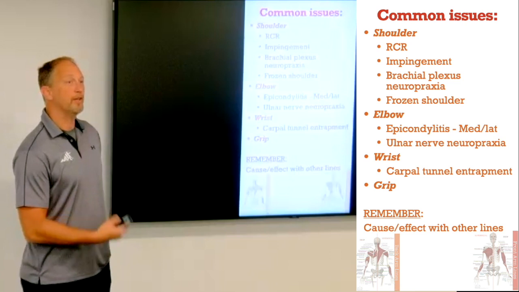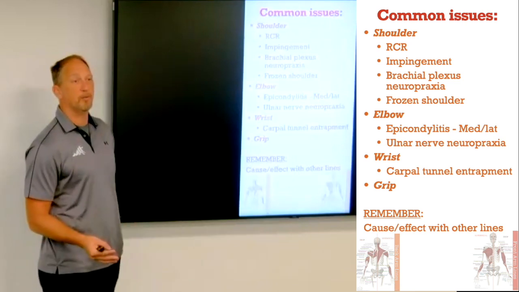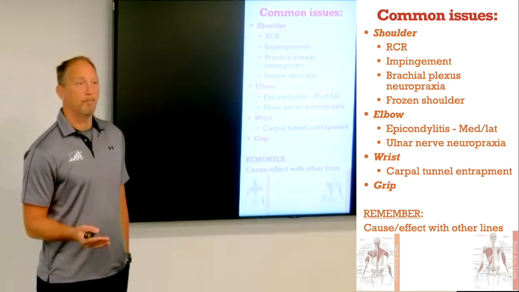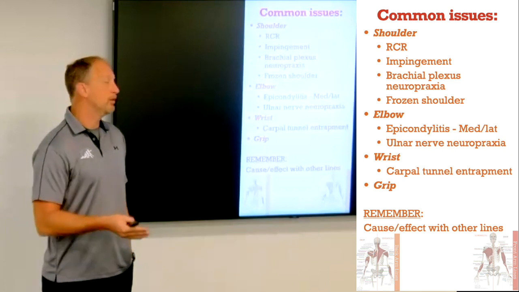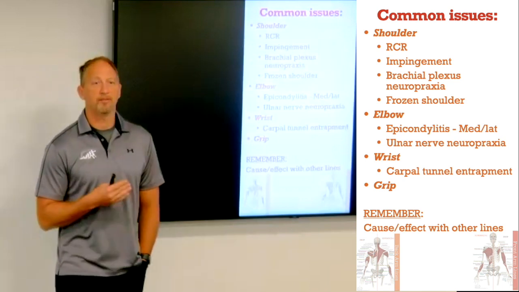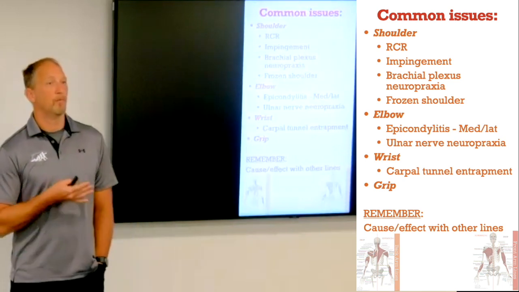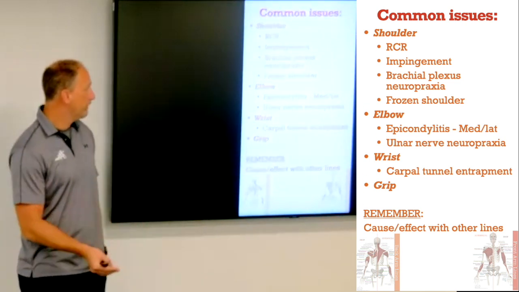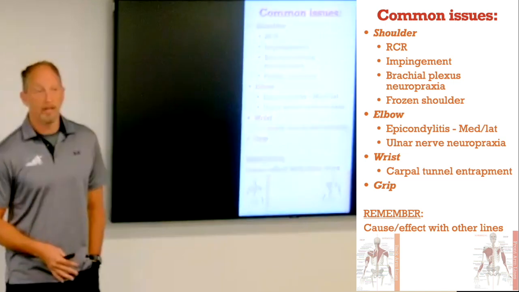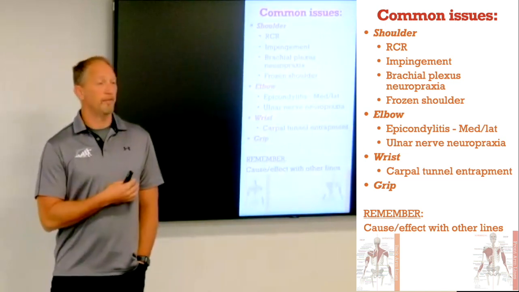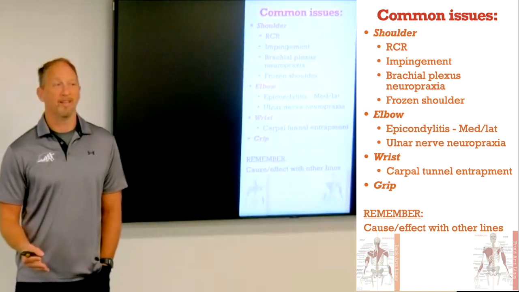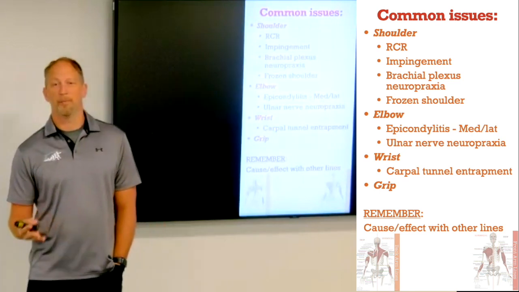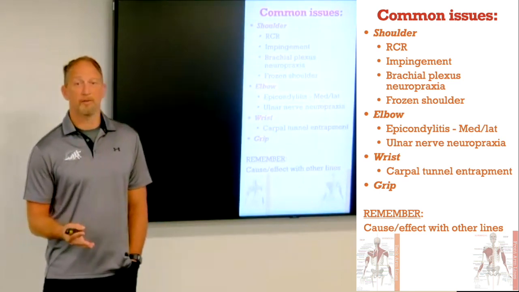Oftentimes, these are very frustrating things for us to deal with and work with because we only look at that shoulder impingement as a shoulder issue. We only address the shoulder. We only do things to address the shoulder. We only do things to address the carpal tunnel. And they're very frustrating from a clinical standpoint to deal with, but they're also extremely frustrating from a patient standpoint to suffer through.